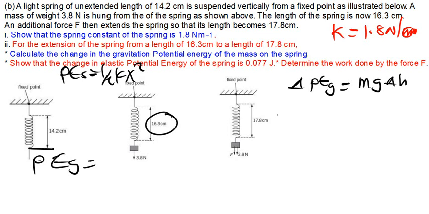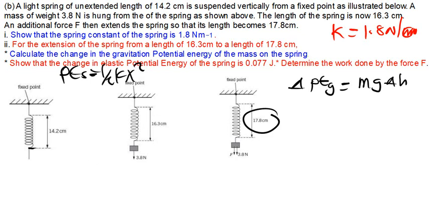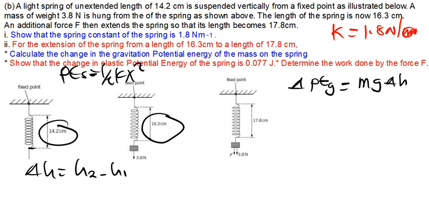My x in this case is my h. So I will say my change in h will be equal to h2 minus h1. Now to find h1, in this case h1 is going to be this minus that. Is that okay?